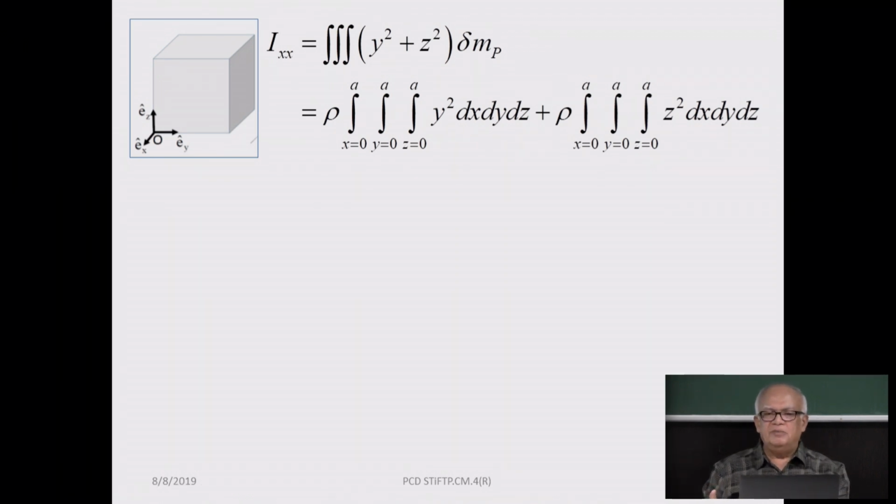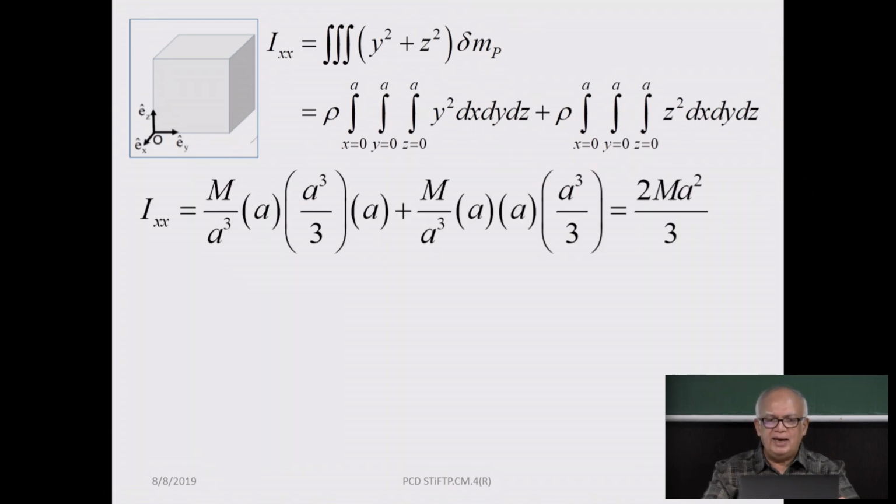So you will get a term in y cubed over 3 from this integration, but the integration limits are 0 to a, so you will get a cubed over 3 there, and from the other two integrals you will get a and a. So if the density is uniform, rho is nothing but m over a cubed, and then you get the a and a from the integrals over x and z, and then you get a cubed over 3 from the integral over y squared. So you get this term, right?